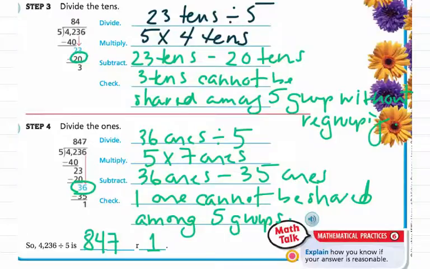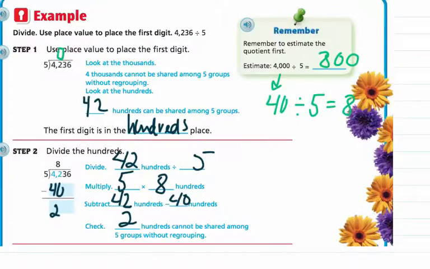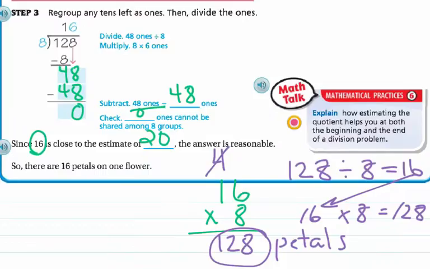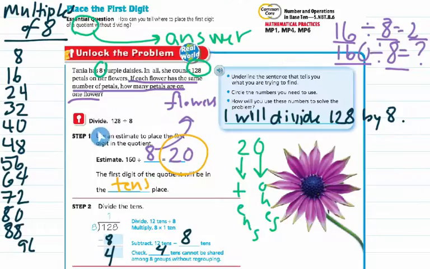This mathematical practices math talk we'll work on in class, but I want you to think about it as you've completed this lesson. It says, explain how you know if your answer is reasonable. Now remember, students, going back to the beginning of this problem, we estimated, and we used place value in this second example, but in this first example, we used estimation.